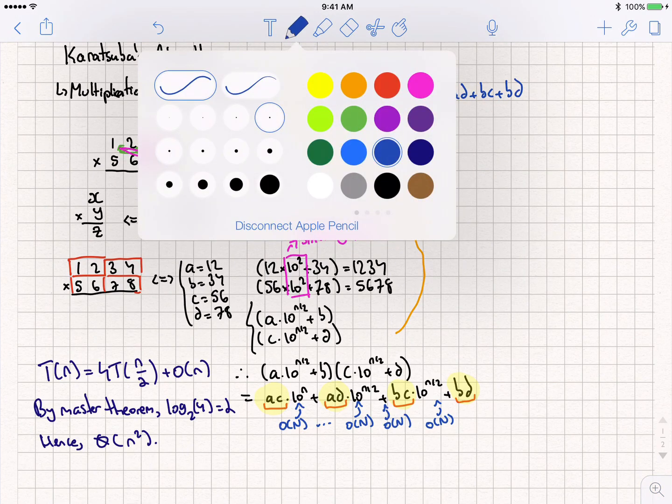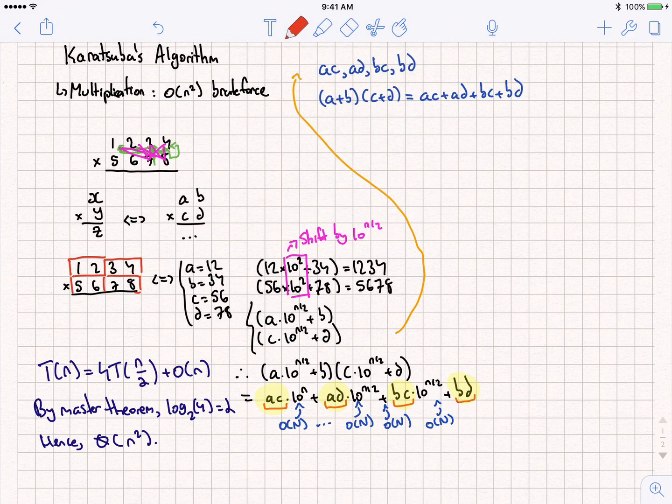But if you notice here, we got AC from here, and we got AD, BC, and BD. So we got all 4 things, but we're only doing 1 multiplication. Which is amazing because we got all 4 of these expanded out into this term.